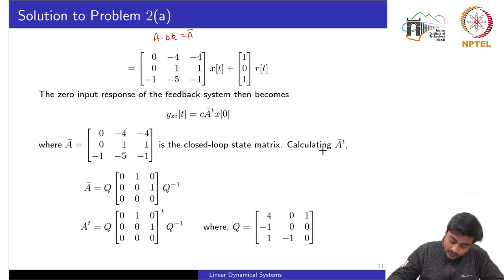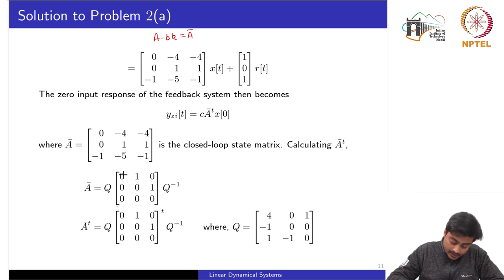Now for calculating this A bar to the power t, we can use different methods. One method we had discussed during week 1 is using the Cayley-Hamilton theorem. The second method is by computing first of all the similarity transformation matrix. So this is what we have done here by expressing A bar is equal to Q times this matrix, because this should be equivalent to the closed loop state feedback matrix.